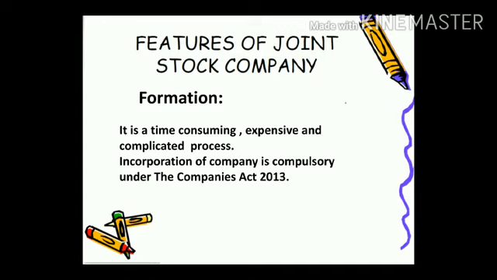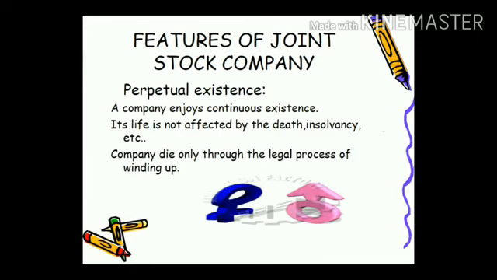Another important feature of a joint stock company is perpetual existence. A company enjoys continuous existence. Its life is not affected by death, insolvency, insanity, or retirement of the members. That means the company dies only through the legal process of winding up.